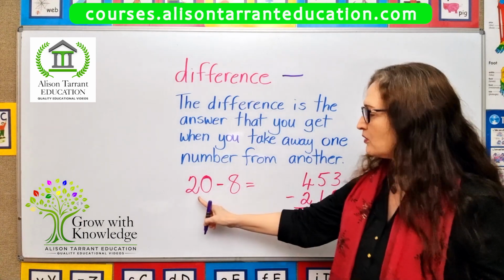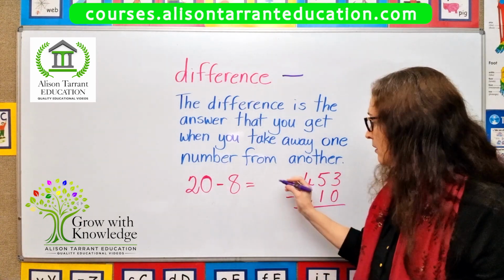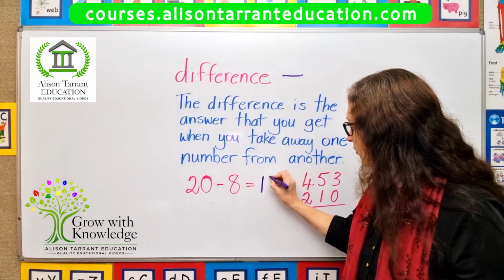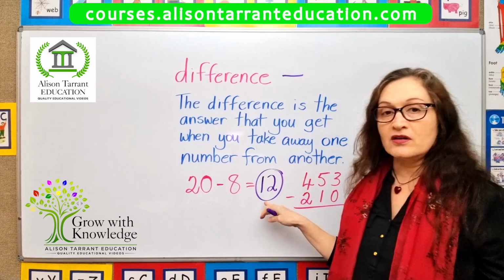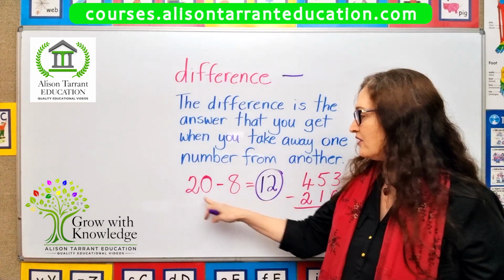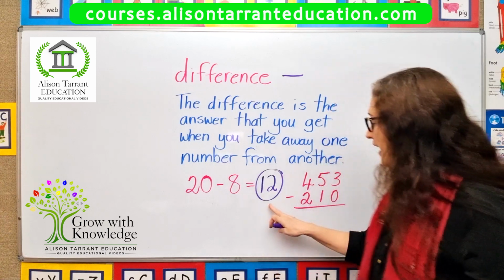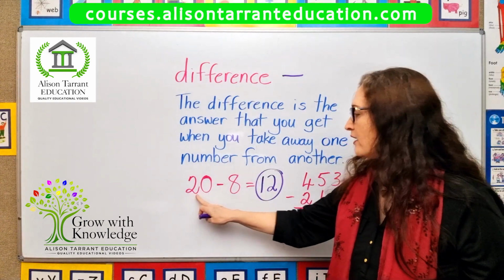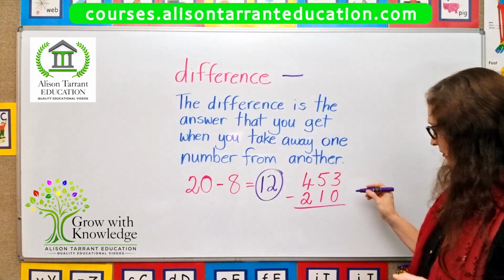So if we have the number 20 and we're taking away 8 and the answer is 12, 12 is the difference between 20 and 8. So it is the answer that you get when you subtract 20, take 8.